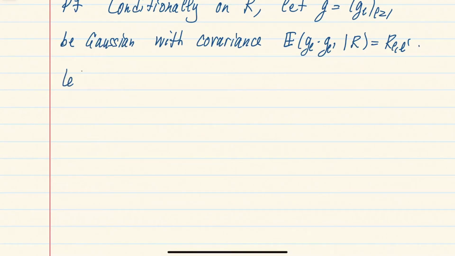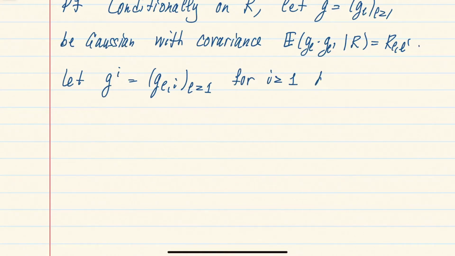We let Gi be a sequence, denote the coordinates by G_{l,i} for l greater or equal than 1, and for i greater or equal than 1, these are just IID copies of the Gaussian sequence we defined above, conditionally on our Gram-Definetti array.